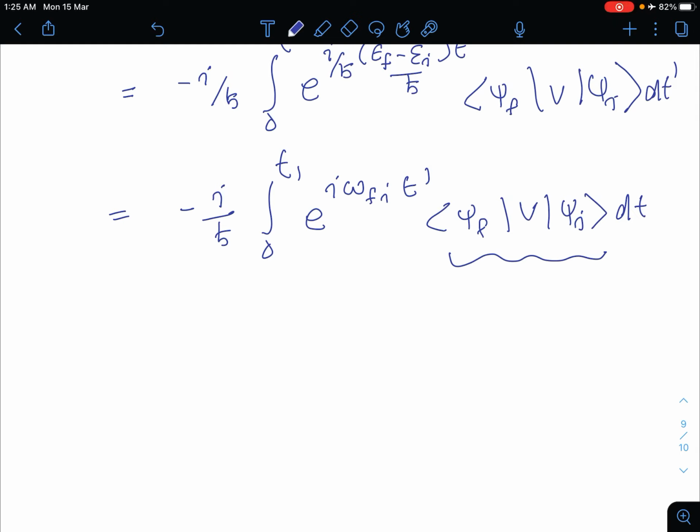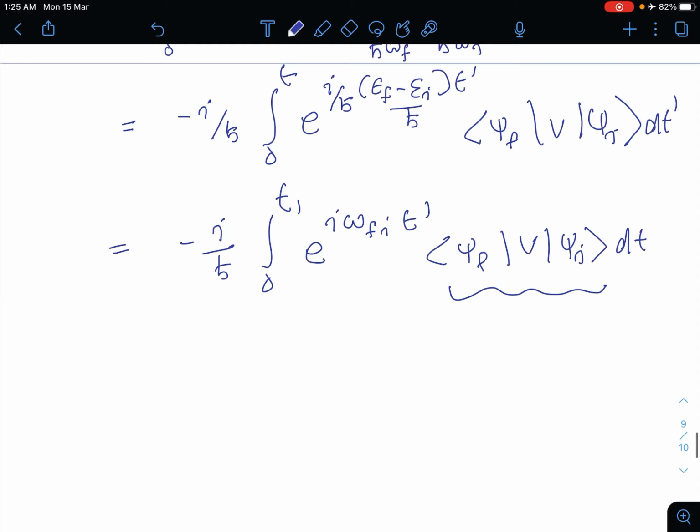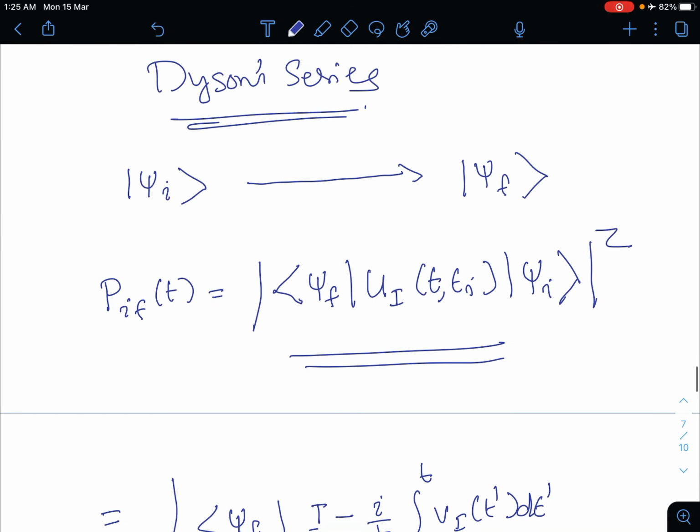Now the second term. Usually we denote it as P i f, that is the transition probability, but your textbook, the Thangappan sir textbook, has given it as omega if.